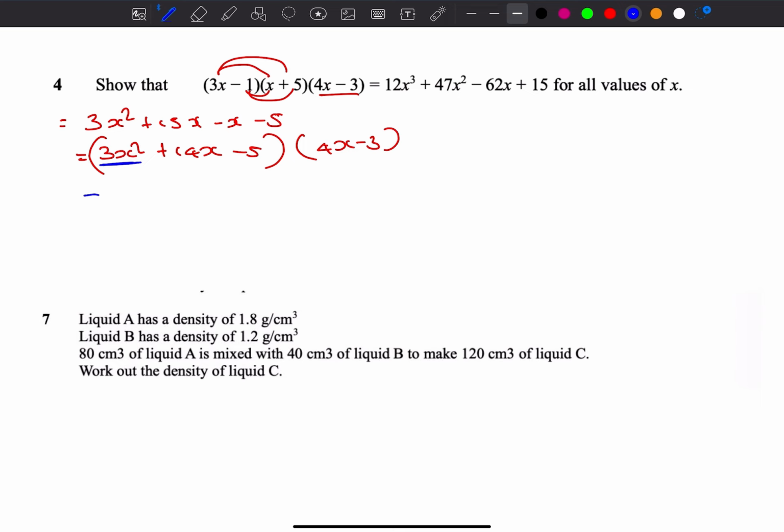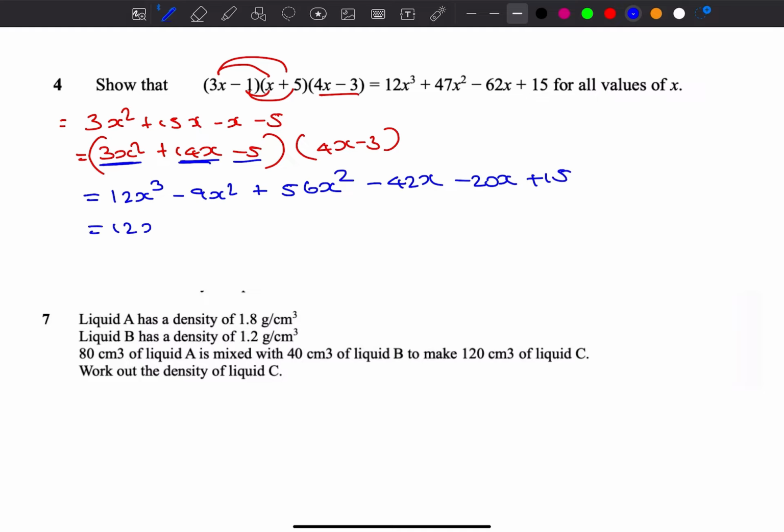Start with the 3x squared. That will give you 12x cubed minus 9x squared. 14x times 4x will give you 56x squared, minus 42x if you multiply by minus 3. And then you multiply by minus 5, so minus 20x plus 15.